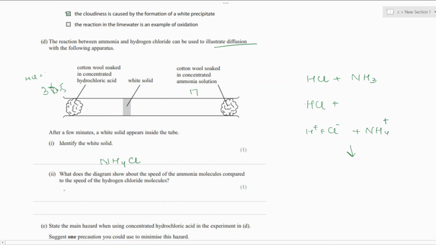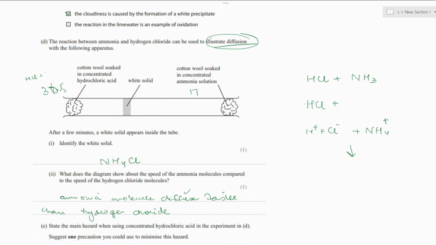Ammonia molecule diffuses faster than hydrogen chloride. If they ever ask you why it's happening, then you have to tell because the ammonia has a lower molecular mass. I'm using the word diffuse because they have given us a very clear word in the question that this is related to diffusion. So we have to think wisely what the examiner has given us in the exam.